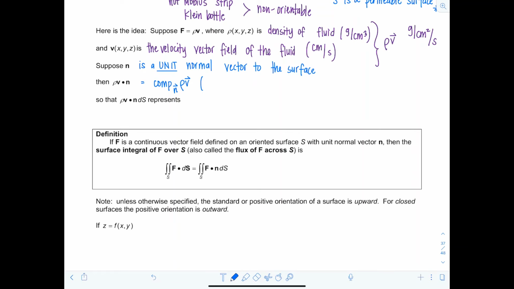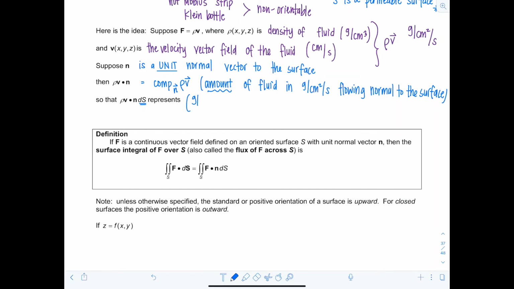Well, what does that represent? That scalar projection, that's the amount, right? It's not going to be a vector, the amount of fluid in grams per centimeter squared per second flowing in what direction? Normal to the surface. So if I take that scalar projection and integrate it over the surface, what does that represent? Well, let's look at the units and play around with it.